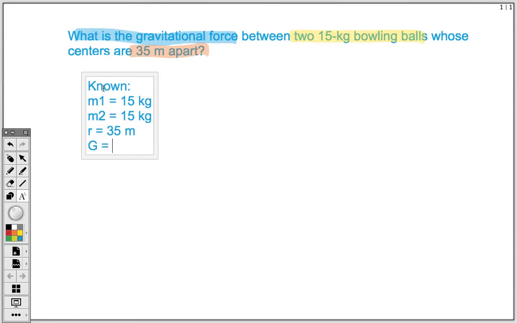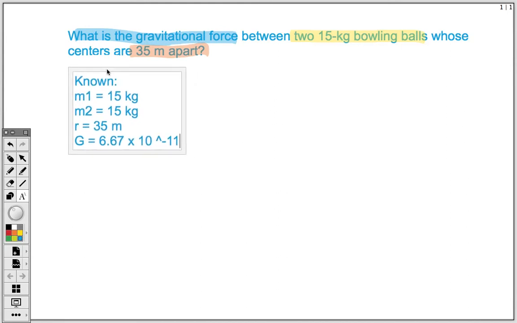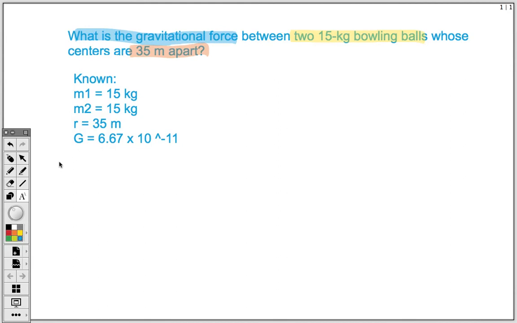And I know that the gravitational constant is always going to be 6.67 times 10 to the negative 11th power. Those are my known values. My unknown value, the value that I'm solving for, is my gravitational force.